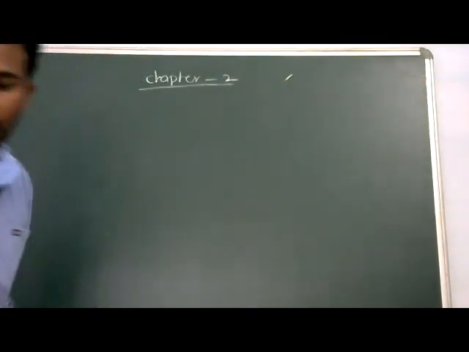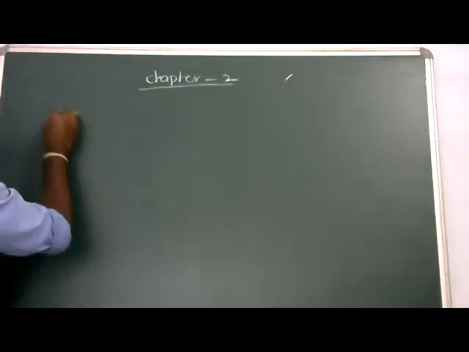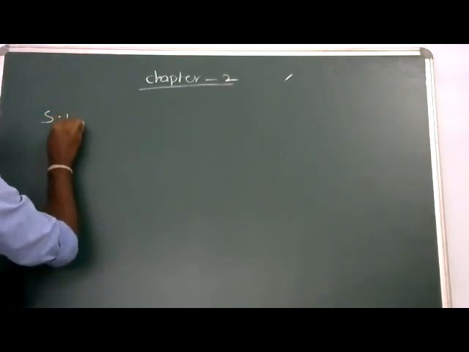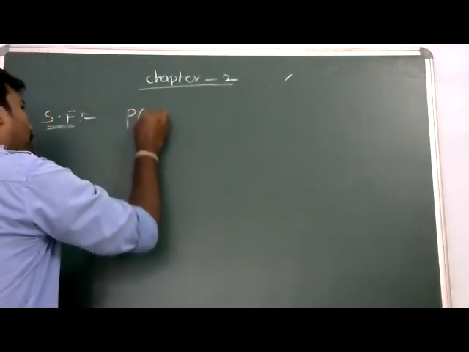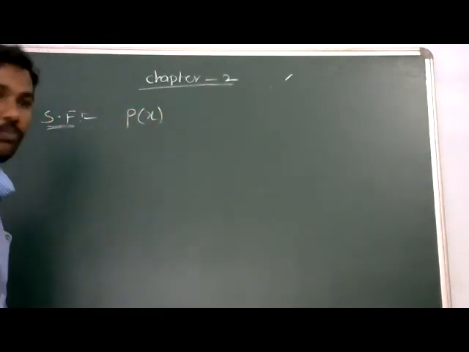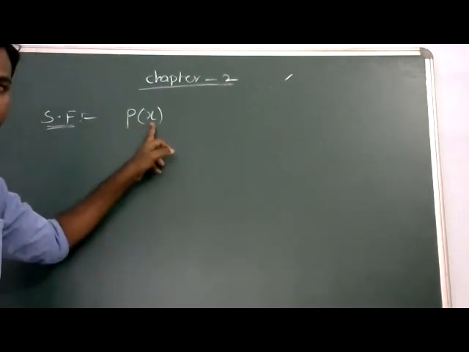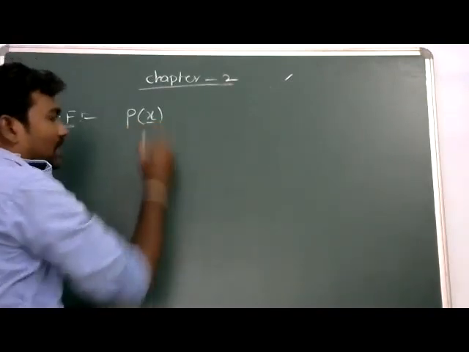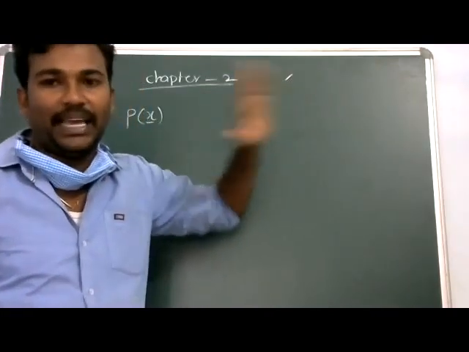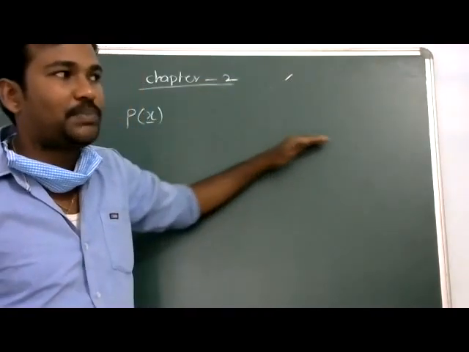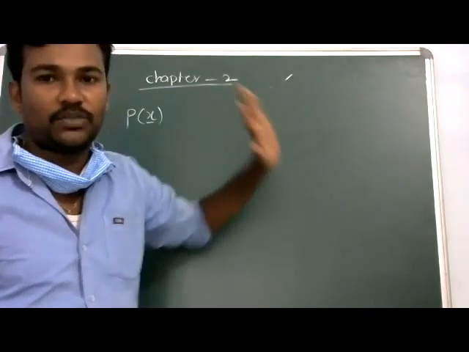Now coming to the next concept, the standard form of a polynomial. First of all, a polynomial of variable x. This x represents that the entire expression must be in x terms only.